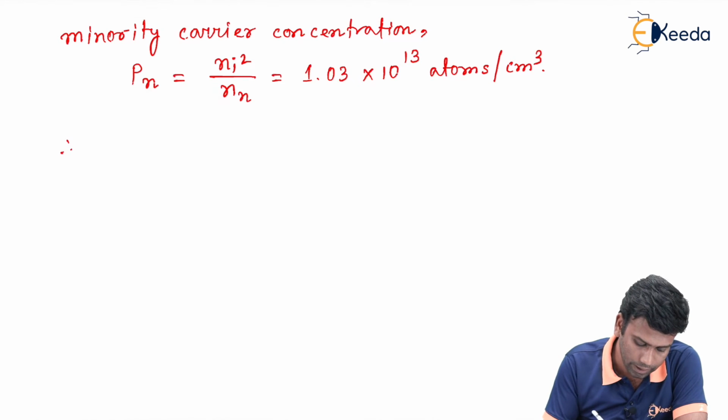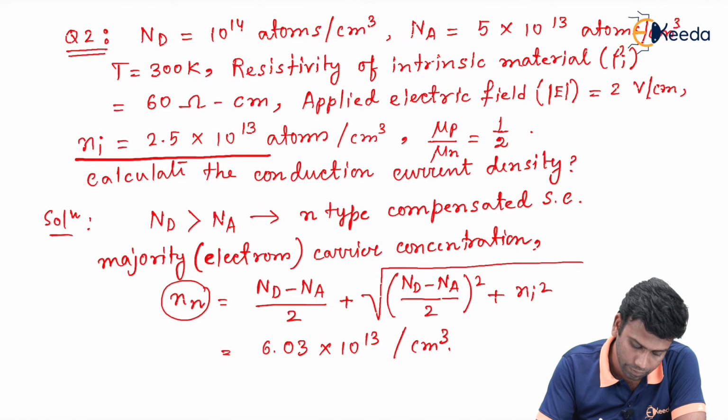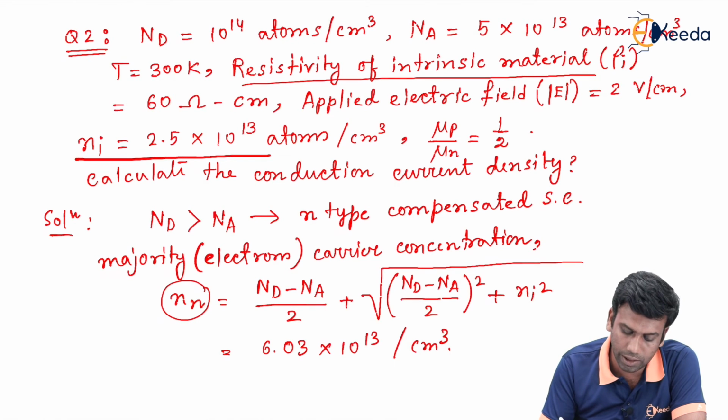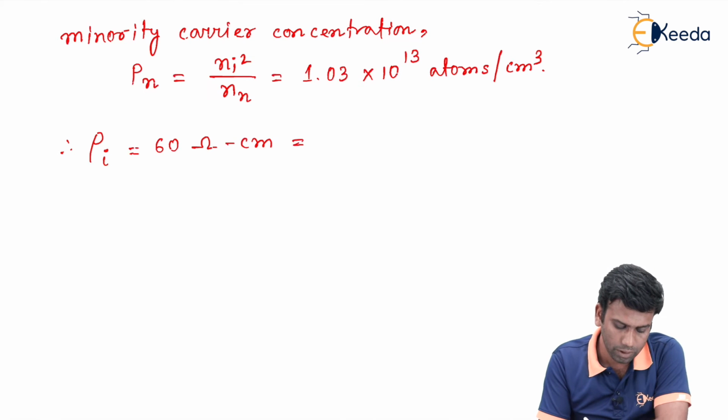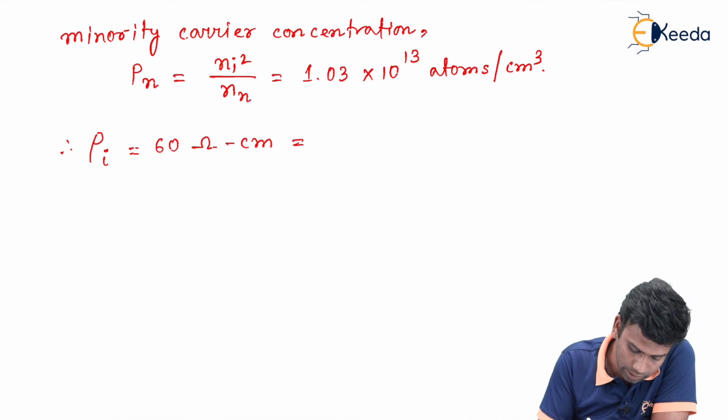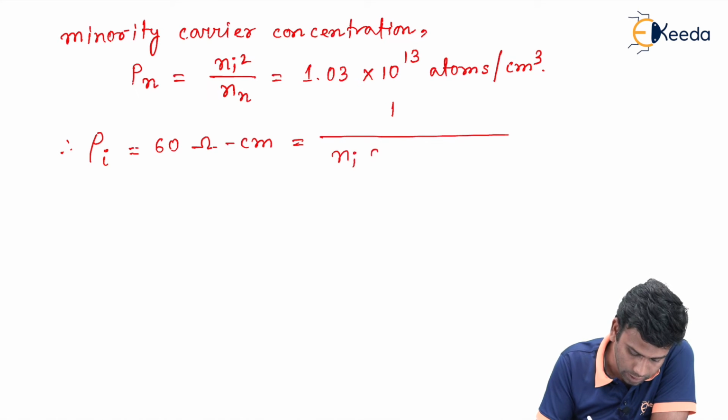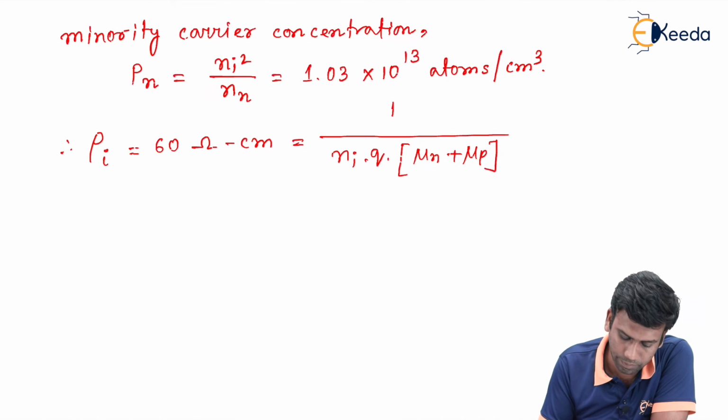Now, the resistivity value of the material is given as 60 ohm centimeter. So we can write rho I equals 60 ohm centimeter, and we know that the resistivity equation is given by 1 by Ni into Q into (mu n plus mu p).